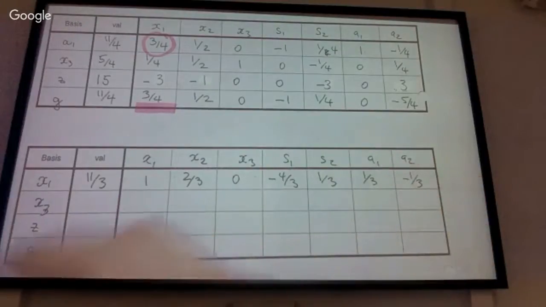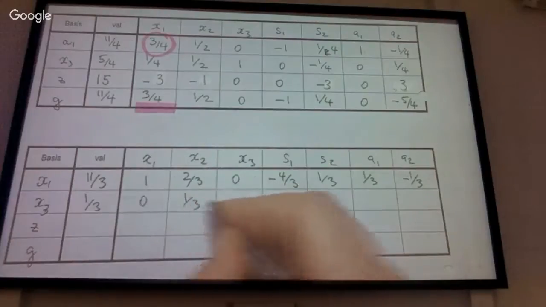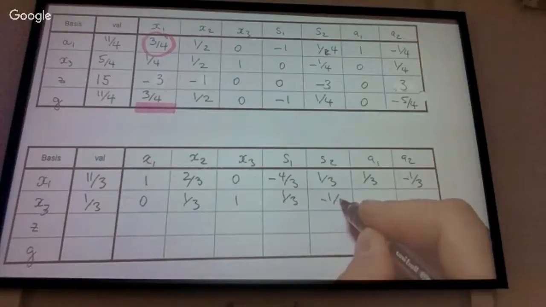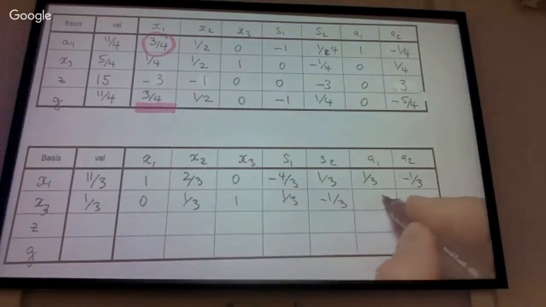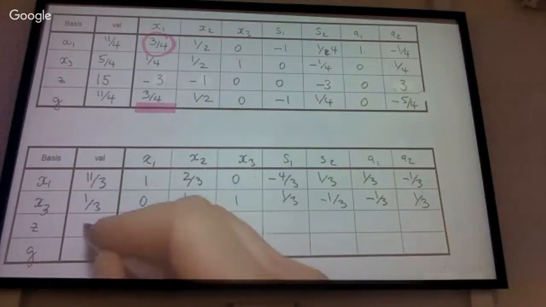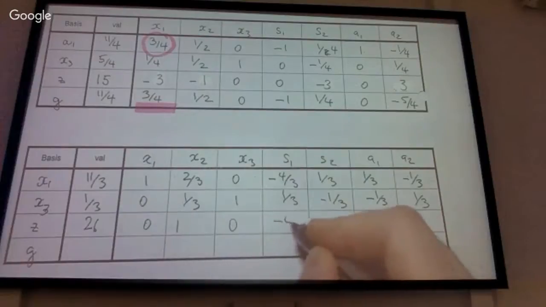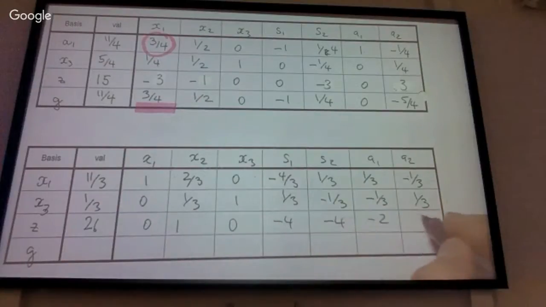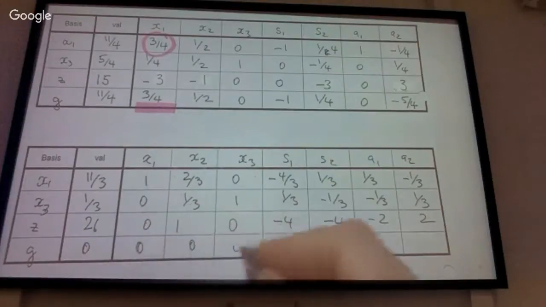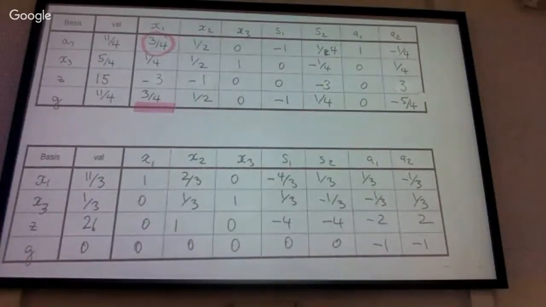Just quickly finish this. 1/3, 0, 1/3, 1, 1/3, -1/3, and -1/3, 1/3. Okay. And z is 26, 0, 1, 0, -4, -4, -2, 2. And g is 0 all the way here. Okay, did you get the same?